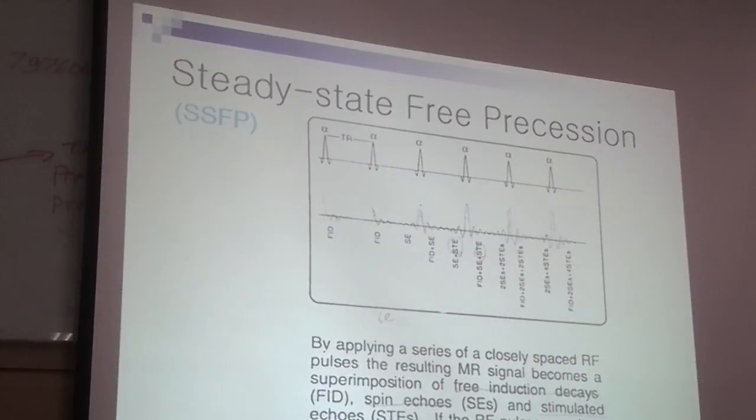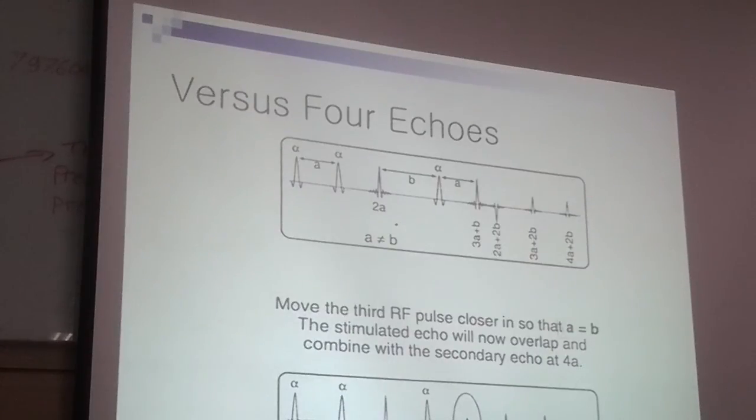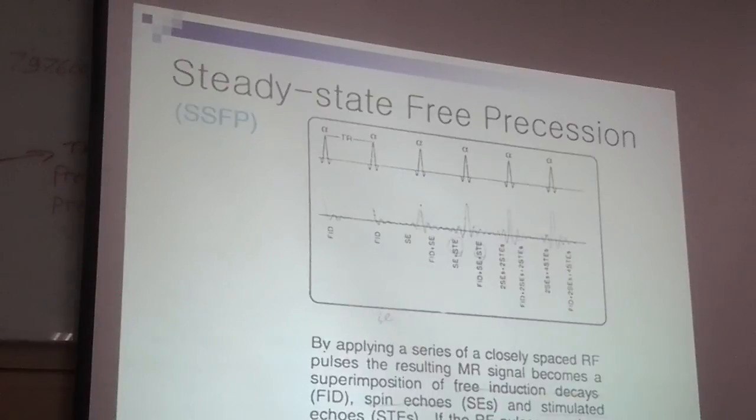In the general case, the RF pulses are applied repeatedly at the same intervals. So, from this slide, all echoes overlap each other, and we can infer what comes from each RF pulse.